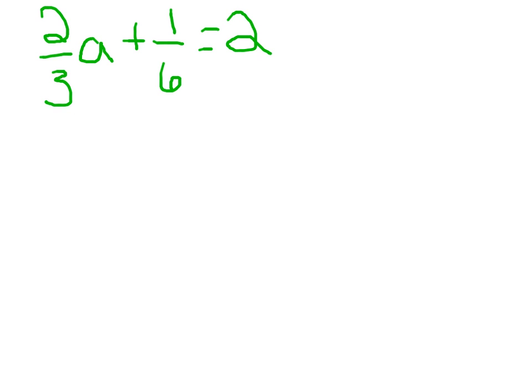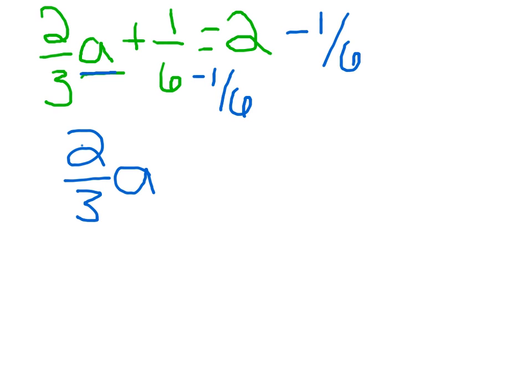The first one we are going to solve is when our equation equals 2. When it equals 2, we do the same as we would for any other equation. We want to isolate our variable A. When we isolate our variable A, the first step we will take is to subtract 1/6 from the left side, and whatever we do to that side, we must do to the right side. So we will get 2/3 A equals 2 minus 1/6.